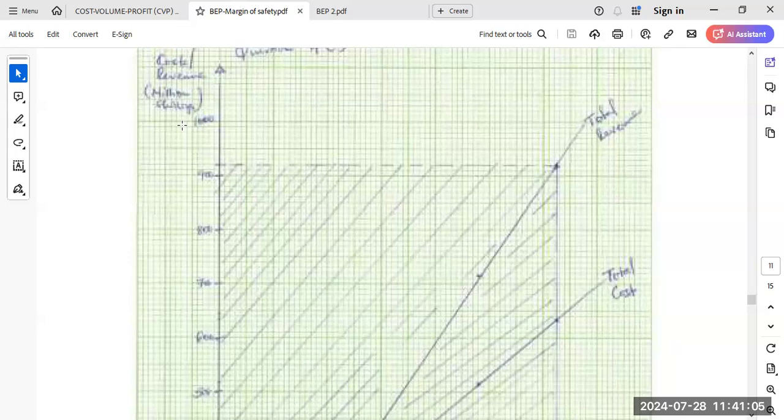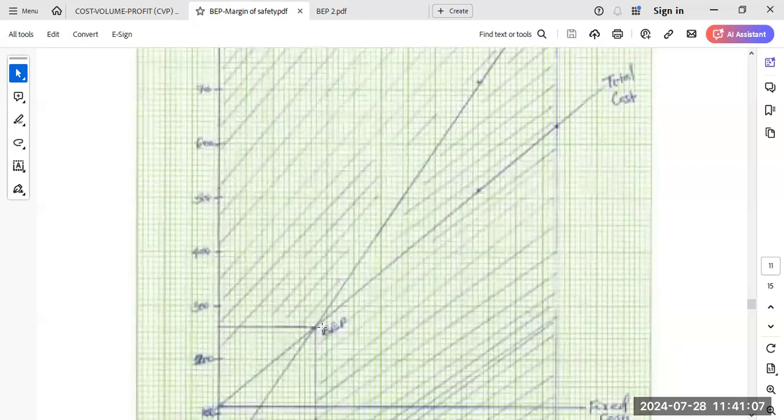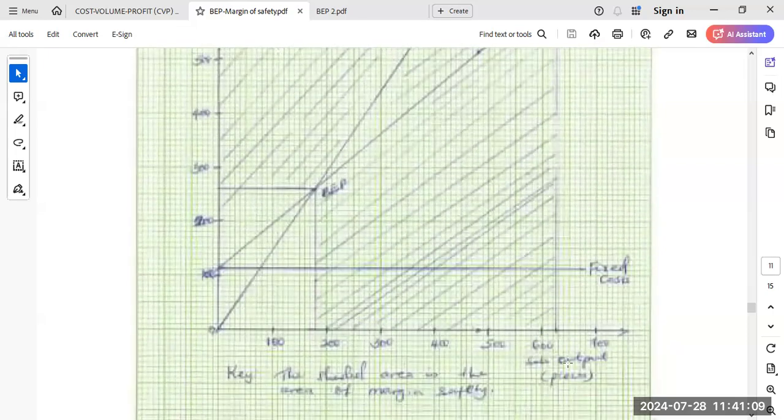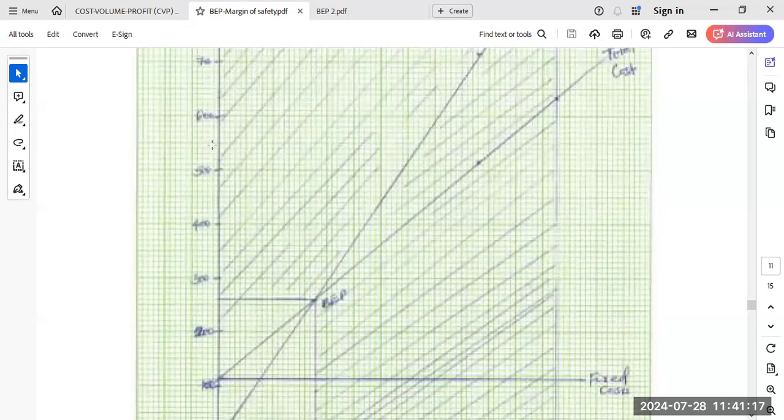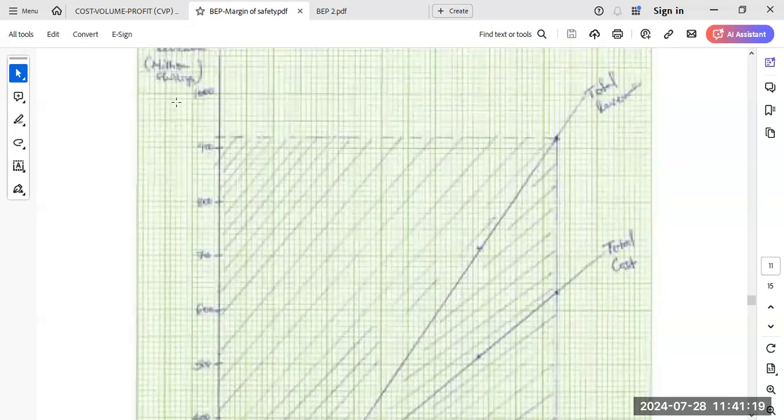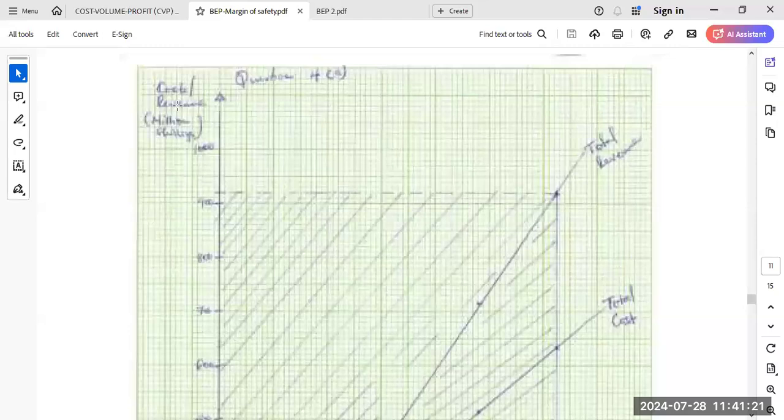So you get a suitable scale. Also on the horizontal axis, you get a suitable scale, based on your output. But here, since the total revenue is always higher, you base on total revenue figures to get the scale.